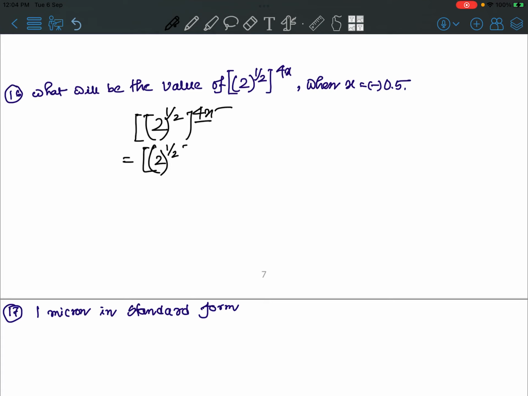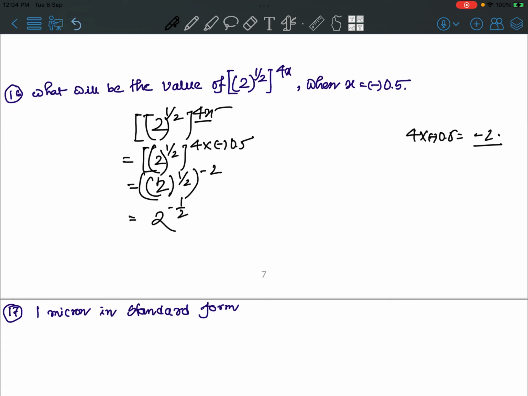So 4 into -0.5 means -2. So it is 2^(1/2) whole to the power -2. Now 2^(1/2) into 2 reduces to 2^(-1), then we can write it as half.